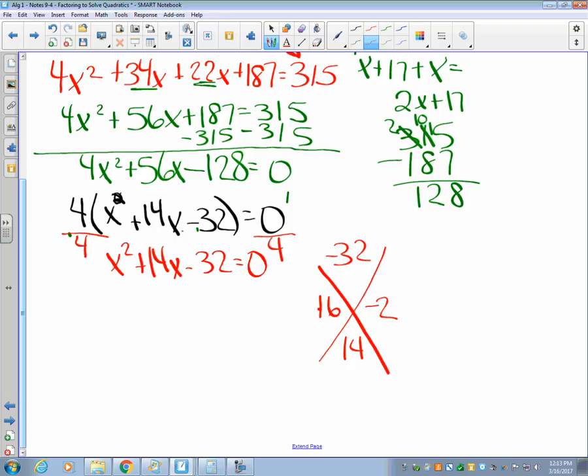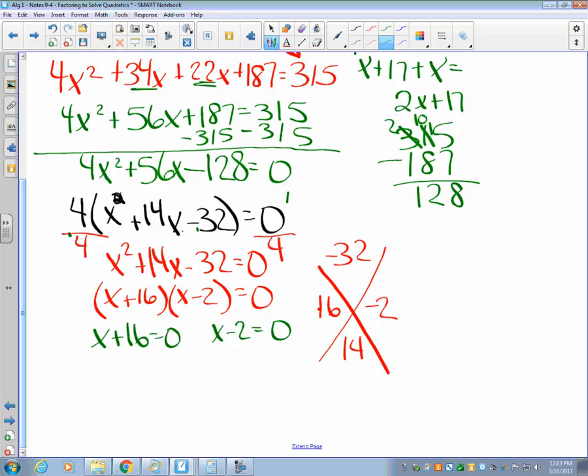That makes sense. So we factor this out. x plus 16, x minus 2. Set up our two equations, and then solve each of these equations.